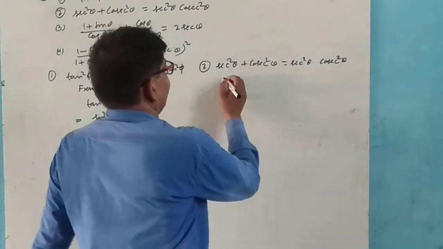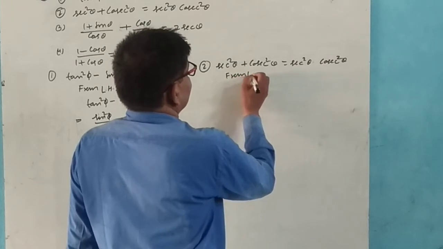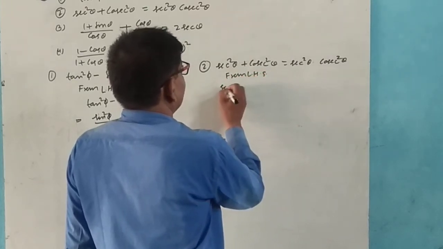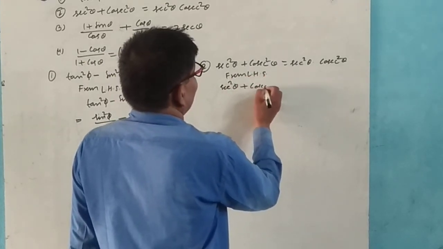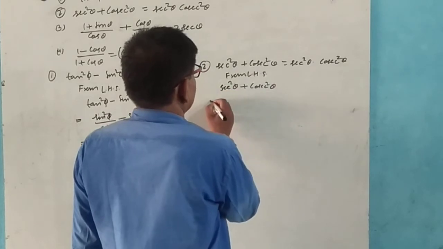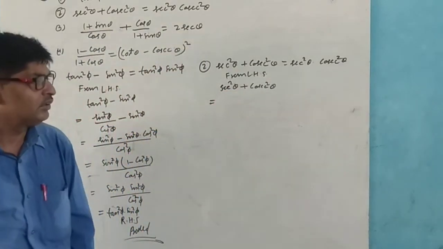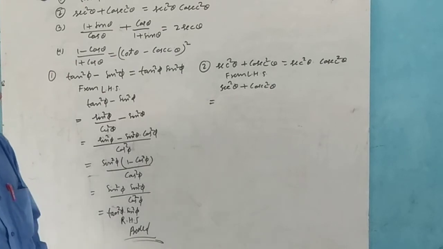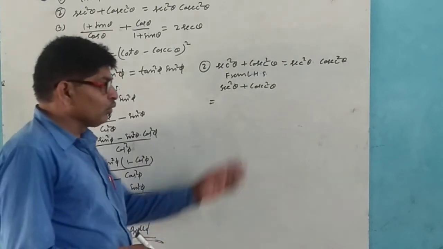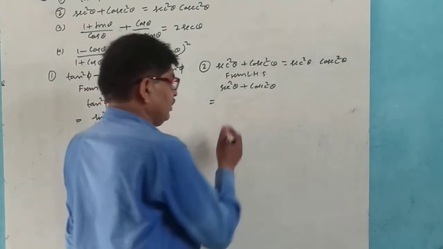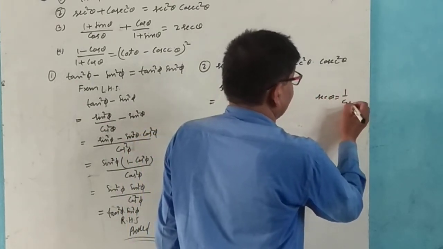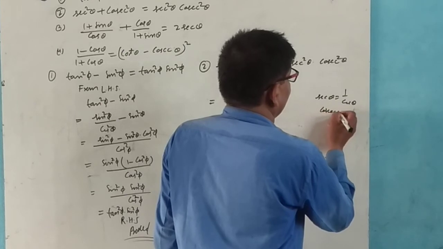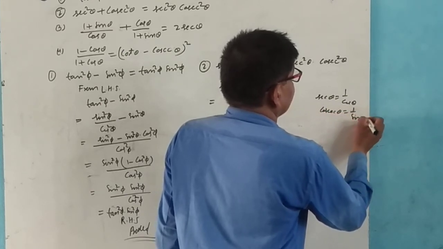Now from the left hand side, sec square theta plus cosec square theta. First of all, we change this into sin and cos. Sec is the reciprocal of cos, cosec is the reciprocal of sin, so sec theta equal to 1 by cos theta and cosec theta equal to 1 by sin theta.